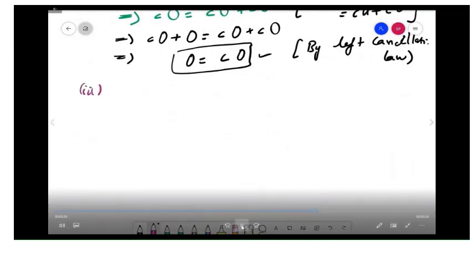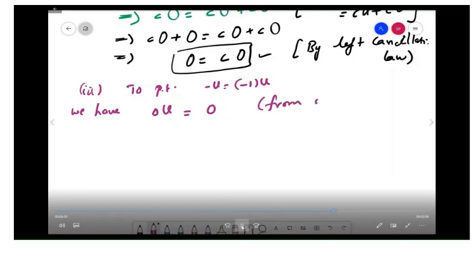Now we'll prove the third point, that is to prove that minus u is equal to minus 1 into u. To prove this, we will use the first condition we proved in this same theorem. What did we prove in the first one? That 0 into vector u is equal to 0 vector.